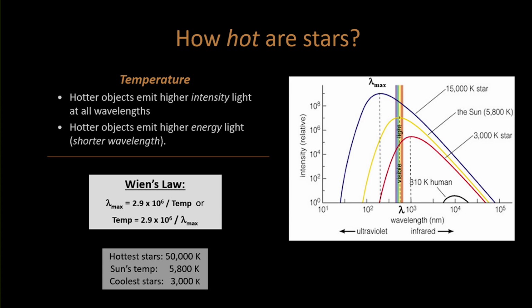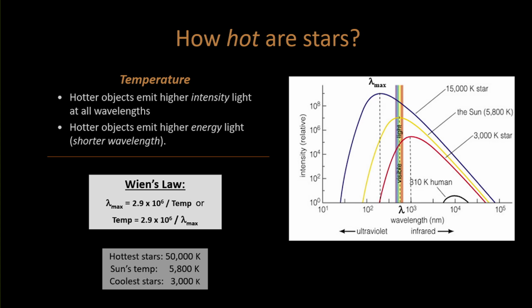So in other words, a hotter star is giving off a lot greater light intensity, and the light it is giving off has higher energy. There's kind of two different things there. How do we know all that? We know that, as you can see, from Wien's law. My students studied this just recently.